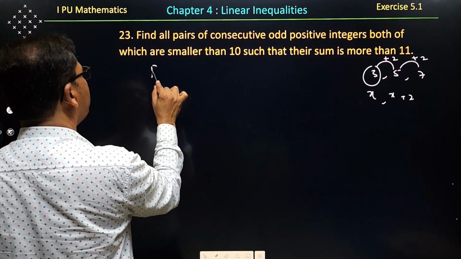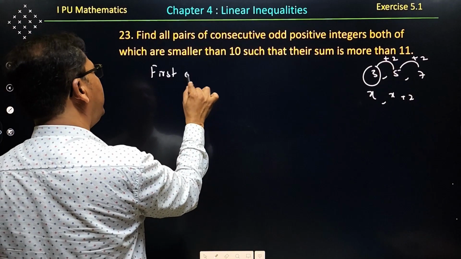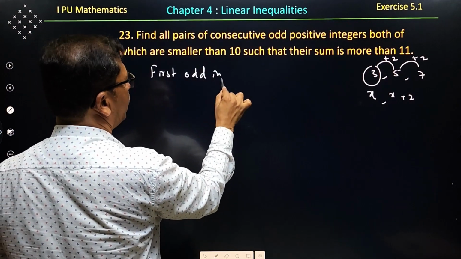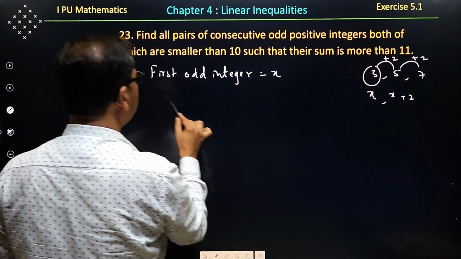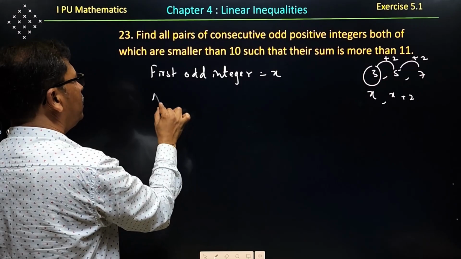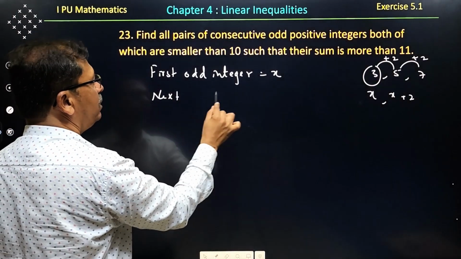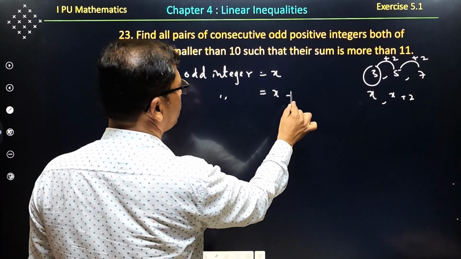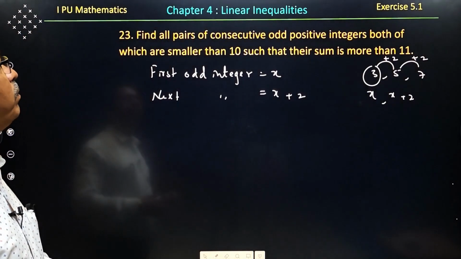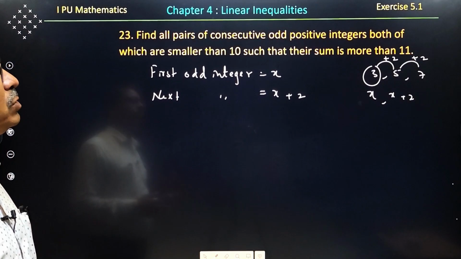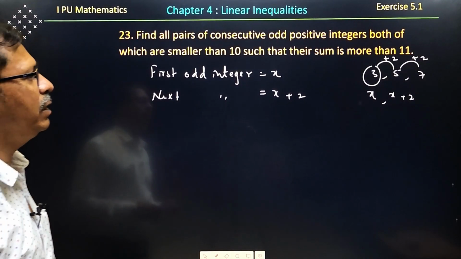Let the integers be, see, the first odd integer, if you take into consideration it as x, then next one is consecutive, next odd integer. This must be equal to what here? x plus 2. What condition has he given? Find all pairs of consecutive odd positive integers, both of which are smaller than 10.